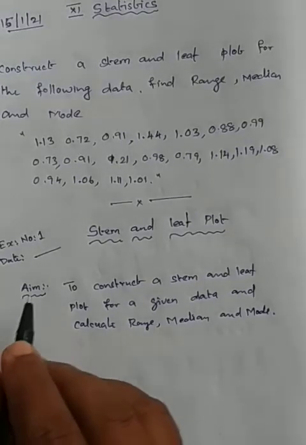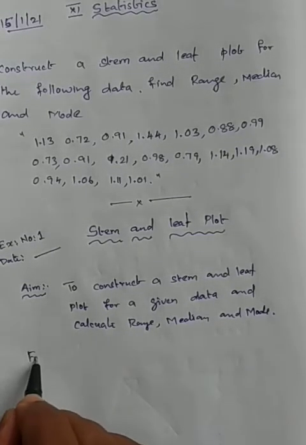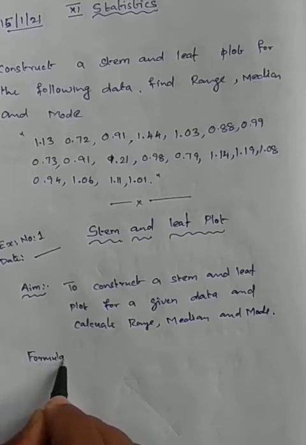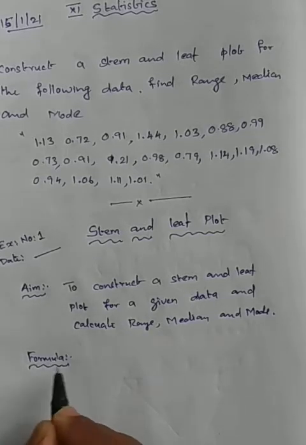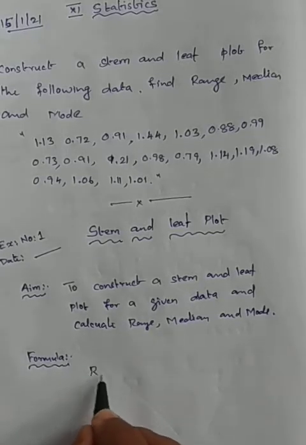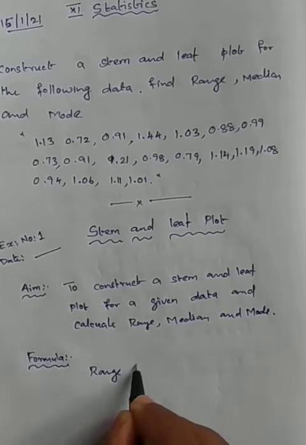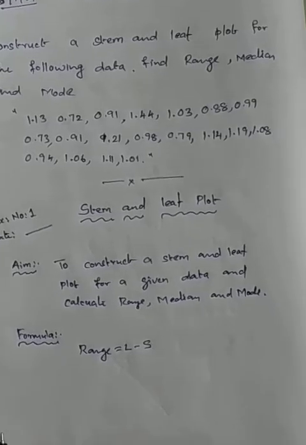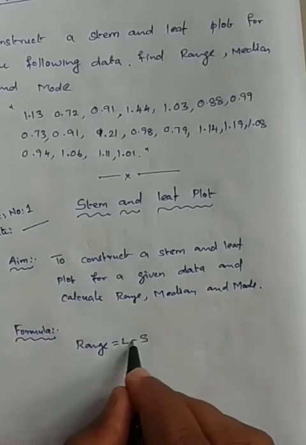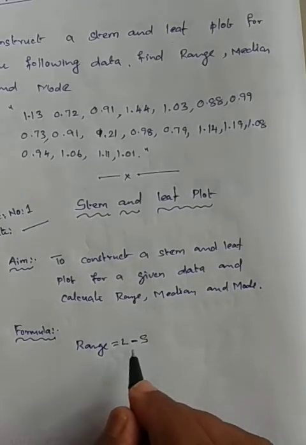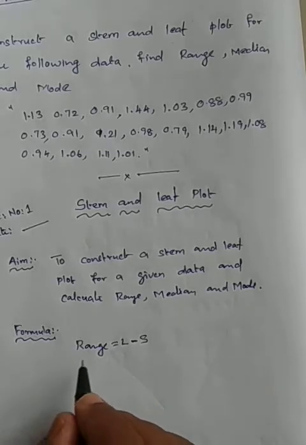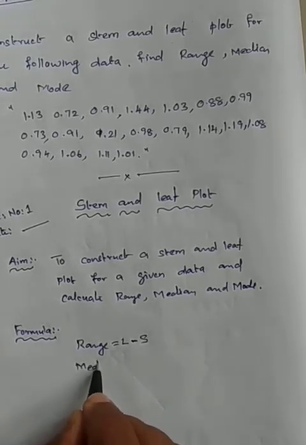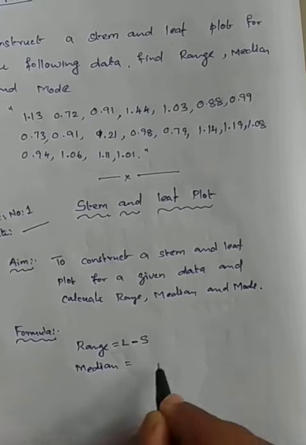Next, the second step is formula. What is the formula for range? Range is L minus S, largest value minus smallest value. That we need to do here. Median, what are you going to do? Mid value.